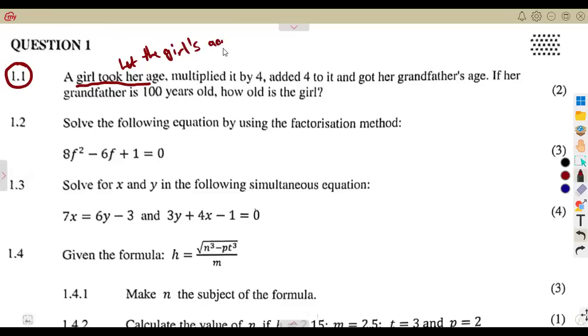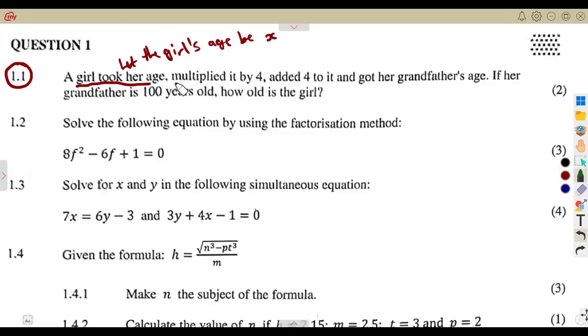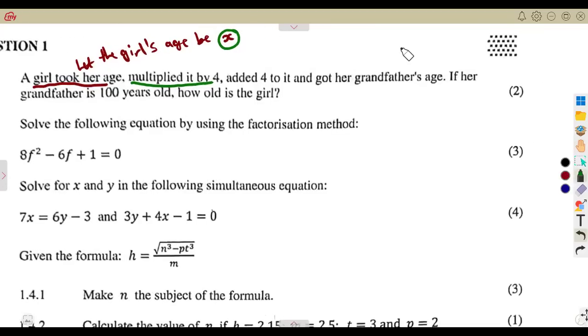So we can understand this much better: she multiplied this by 4. This x, she multiplied it by 4. That is what the statement is saying here. That is 4 times x, which is 4x.